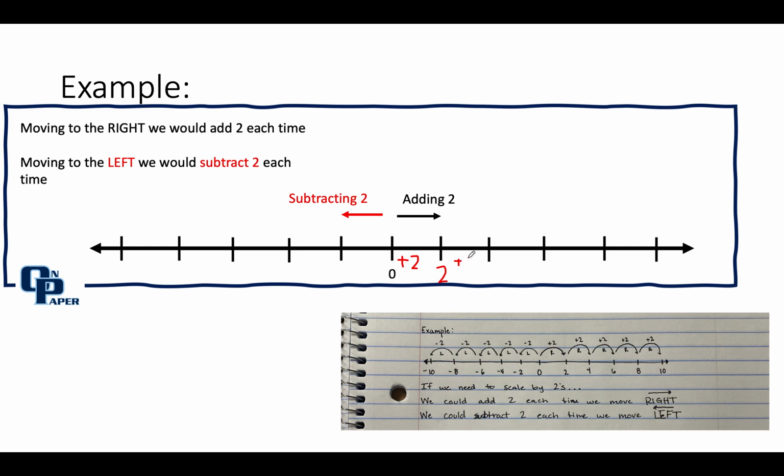If I add 2 again, 2 plus 2 will get me 4. The worst 4 I've ever drawn. Adding 2 again will get me 6. Same thing, adding 2 gets me 8, and adding 2 more will get me 10. So every time I moved, I was moving to the right, therefore I was adding 2.